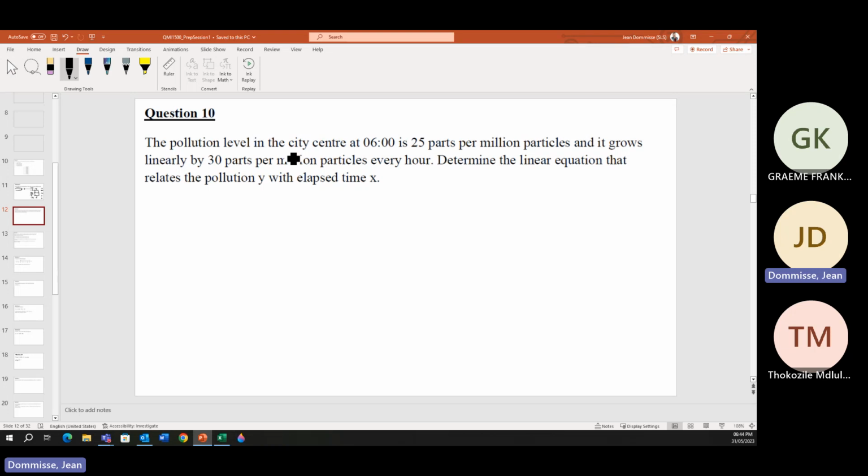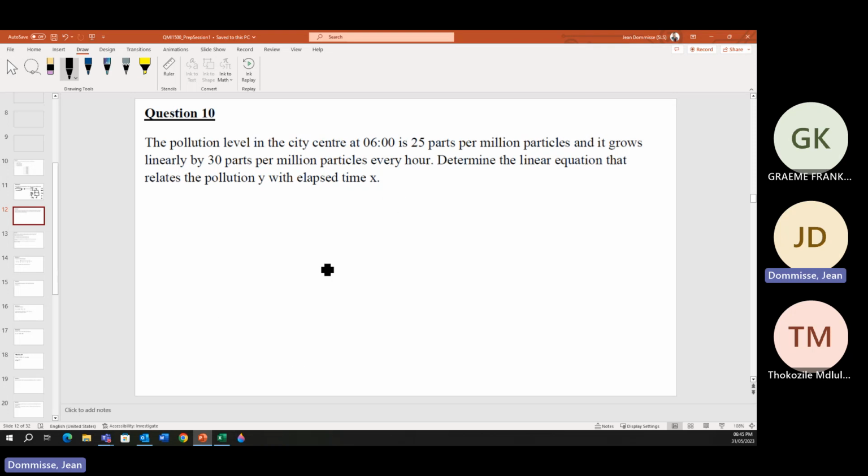So they say that the population level in the city center at 6 in the morning is 25 parts per million particles, and it grows linearly by 30 parts per million particles every hour. Determine the linear equation that relates the population Y when elapsed time X.